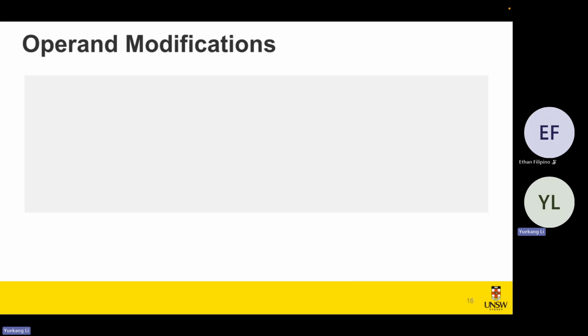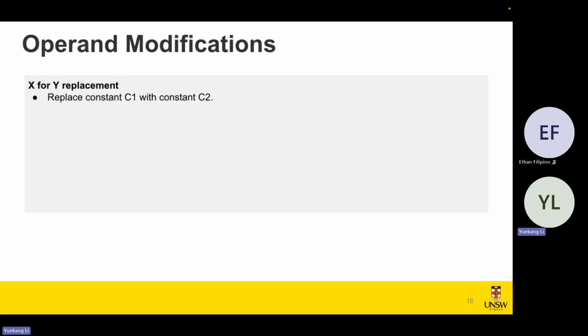And then we have several different levels of mutation operators. The most basic level are the modifications applied to the operands of the program. One of the biggest groups of operand modification is X for Y replacement.